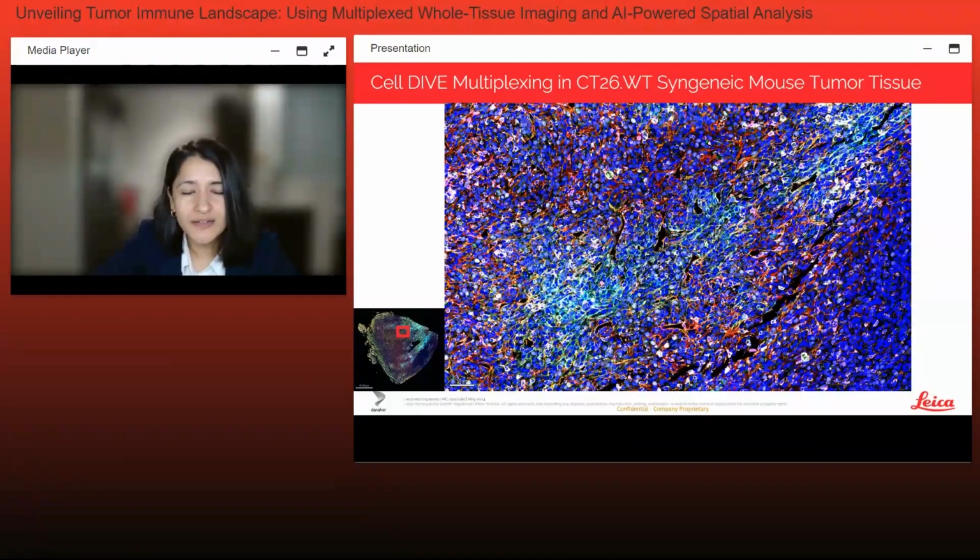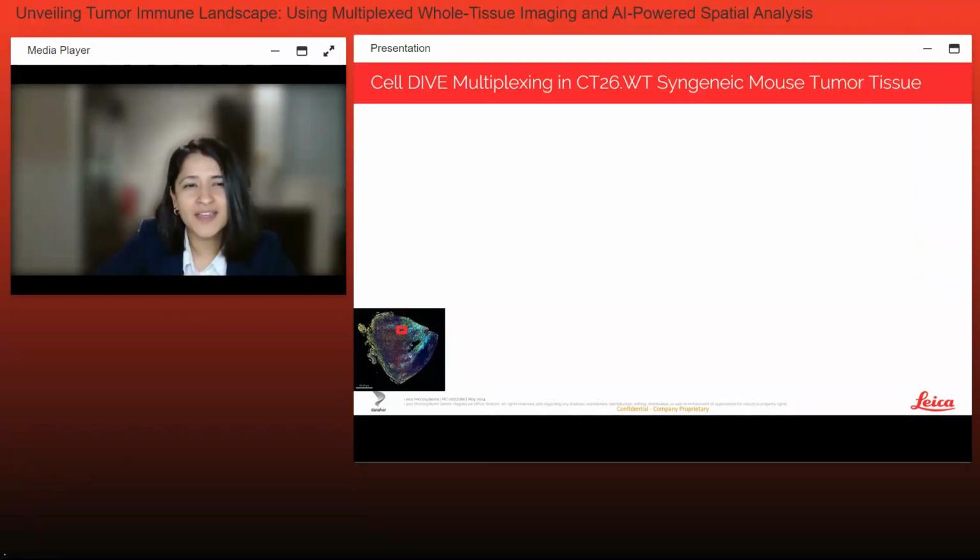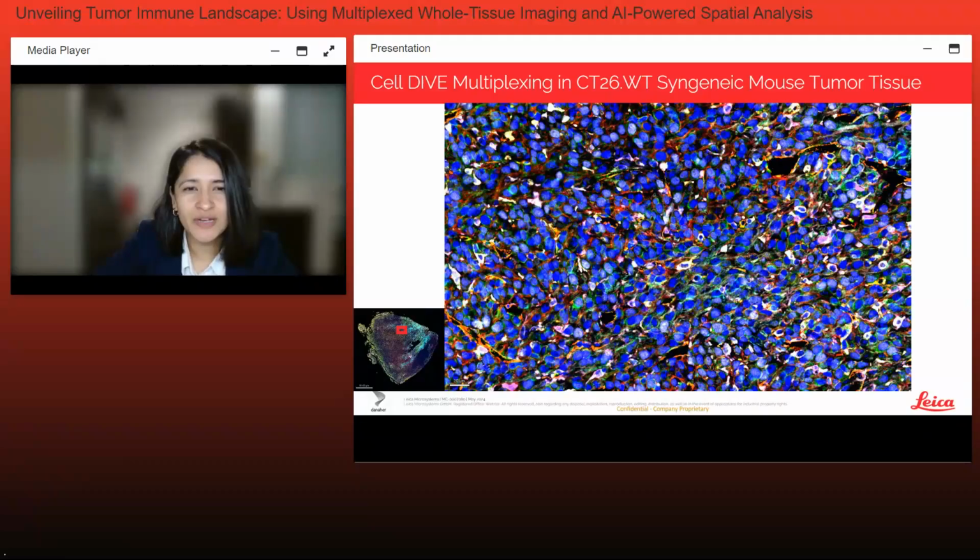Here we can clearly see the heterogeneous expression patterns of various immune, tumor, and metabolic markers, which we'll explore a little bit later. And if we keep zooming in, we can really appreciate how CellDive enables hyperplex imaging and exploration at a single cell level.